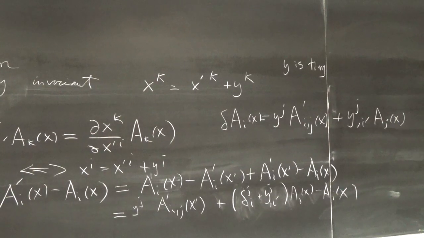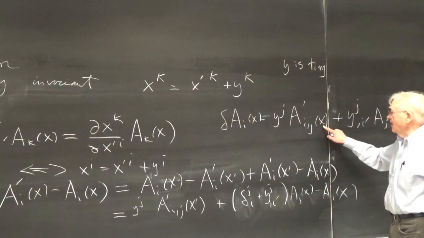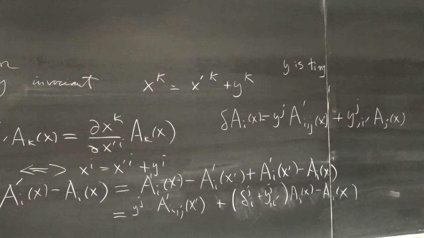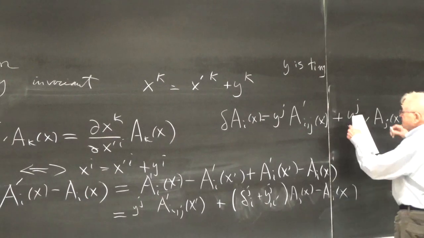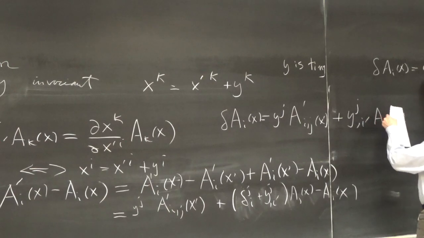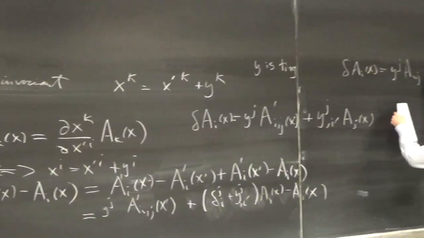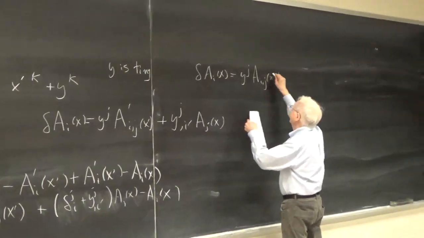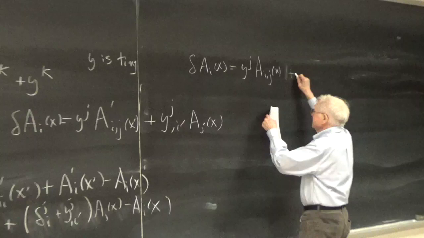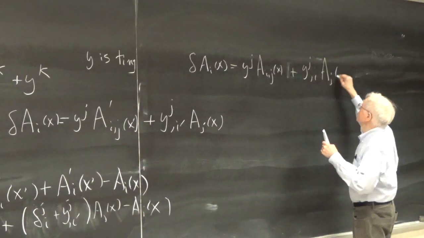One of these things that is second order in y is the difference between a' of x' and a of x. And so we're simply going to say the change in A_i of x is y^j a_{i,j}(x) plus y^j_{,i} a_j(x).